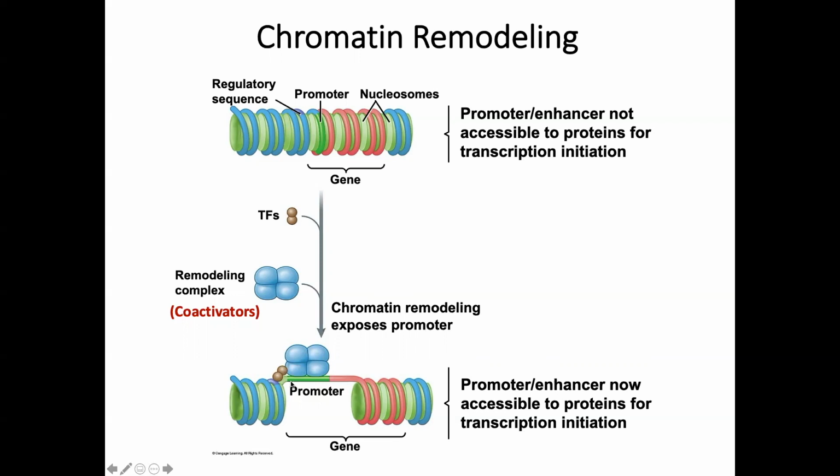But at other times, ATP remodeling can also reposition nucleosomes by breaking the interaction between DNA and the histone proteins. So it is often referred to as nucleosome sliding along this DNA strand. The ultimate purpose of chromatin remodeling is to make DNA sequences more accessible to transcription factors.